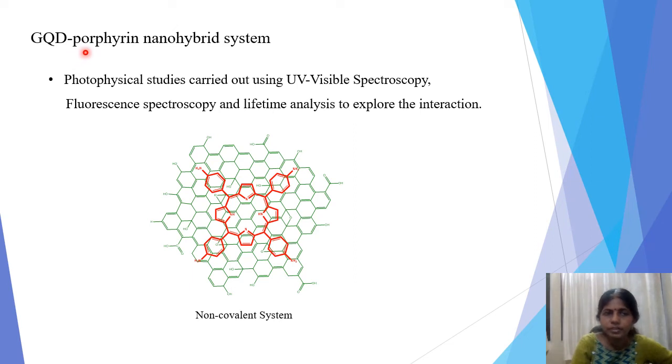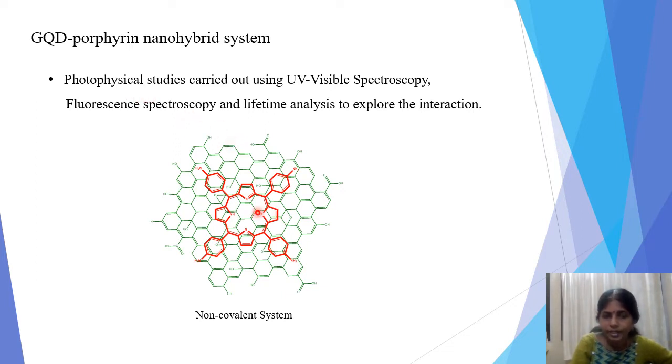Coming to the present work, we have synthesized a nanohybrid system based on graphene quantum dot and tetraamino-phenyl porphyrin, which is pictorially represented like this, bearing a pi-pi stacking type of non-covalent interaction between the components. And the photophysical properties of this material have been studied.